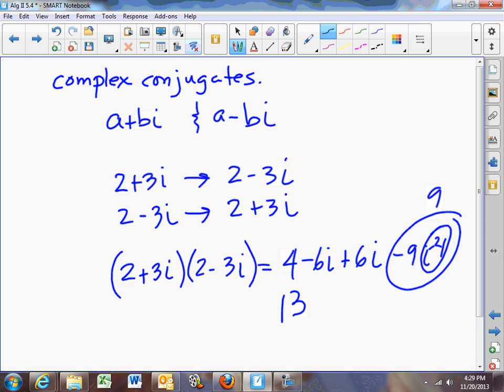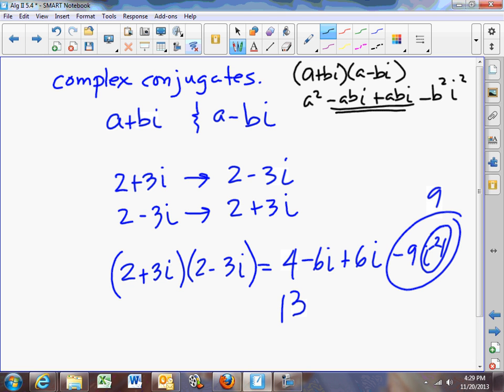Now, let's take a look. Generally, a plus bi times a minus bi becomes first a squared, outer negative abi, inner positive abi, and last negative b squared i squared. Now, negative abi and positive abi cancel each other out. And i squared being negative 1, we end up with a squared plus b squared. This is always true of complex conjugates.